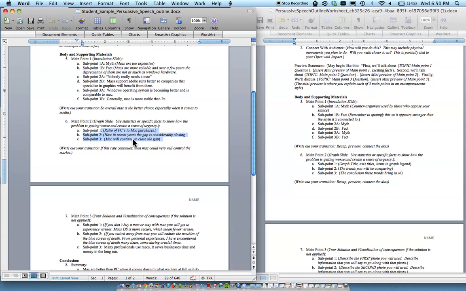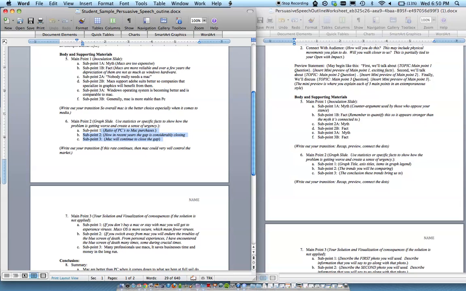Macs will continue to close the gap. So the story this graph is telling is how Macs are closing the gap in sales between Macs and PCs. So go ahead and title this main point.